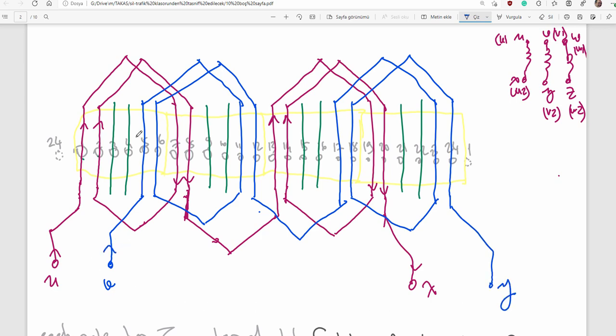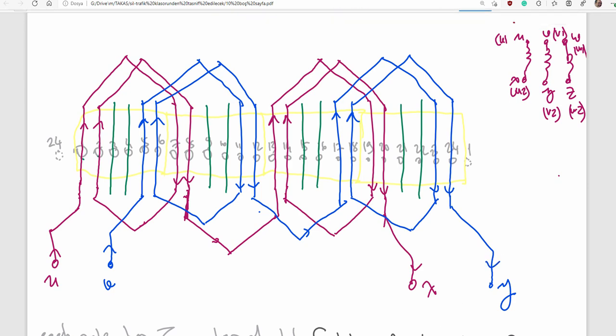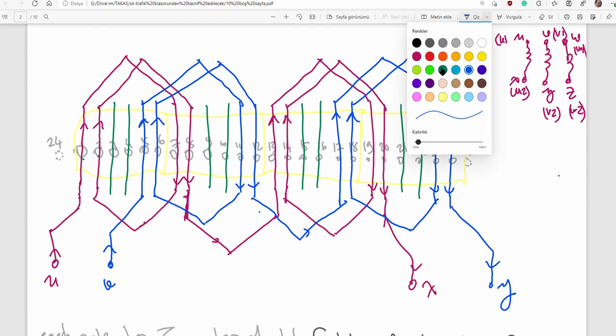Apply the second phase current: up, down, jump to the second coil, up, down, and final down. Here you see again everything looks like what we have planned in the beginning. Let's find out the third phase, where to enter.